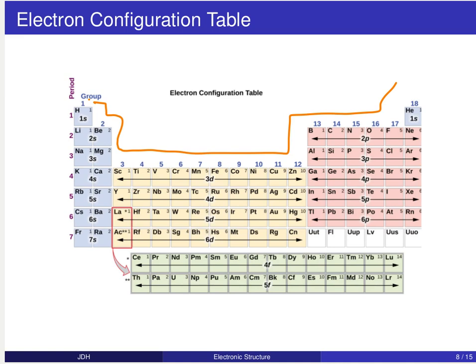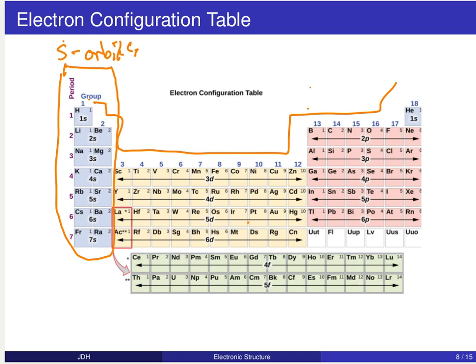that all of the atoms in this region right here, the alkaline earth metals, all of these atoms have their highest energy occupied orbitals being s orbitals. So the highest principal quantum number orbitals that have electrons in them are s orbitals.